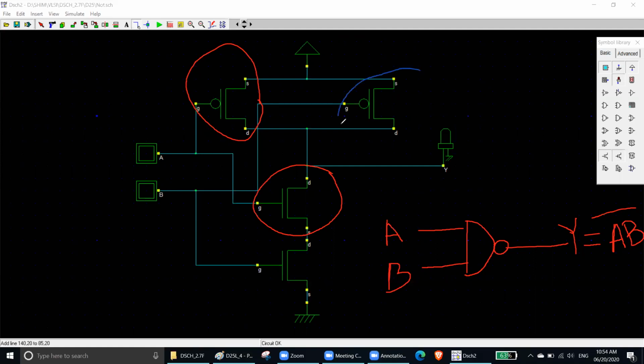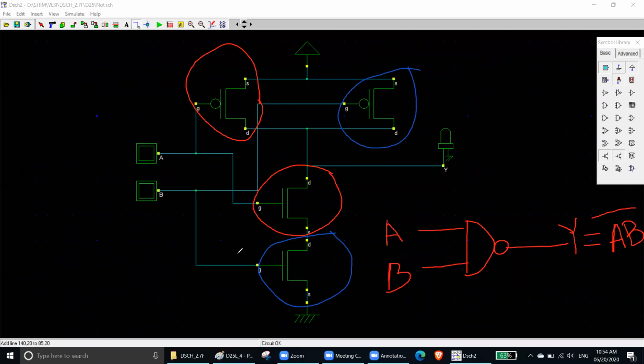This one and this one are another pair, so they are actually making a CMOS. How can I say it is a pair? Because their gates are connected. Can you see the gate? This one is connected to B. This one is also connected to B. So two inputs means two pairs. For one input, you need one pair, that is one CMOS, that means one NMOS, one PMOS.